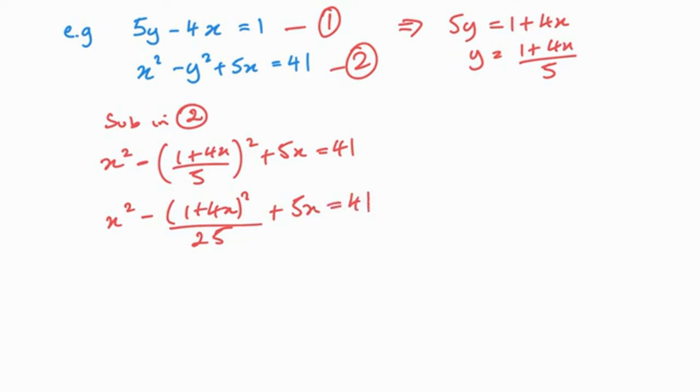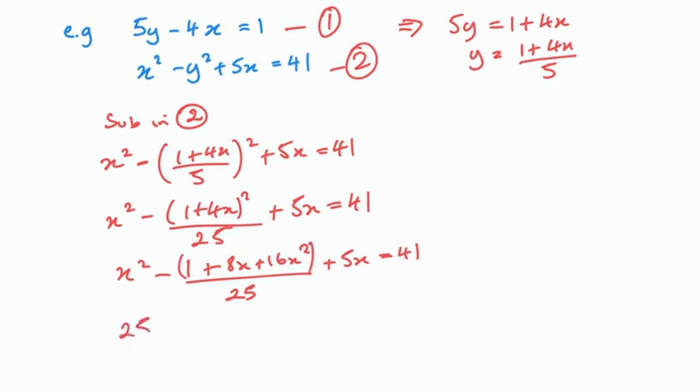Okay, so x squared minus, now on the top I've got 1 plus 8x plus 16x squared, plus 5x equals 41. Okay, let's put brackets in here and then multiply everything by 25.